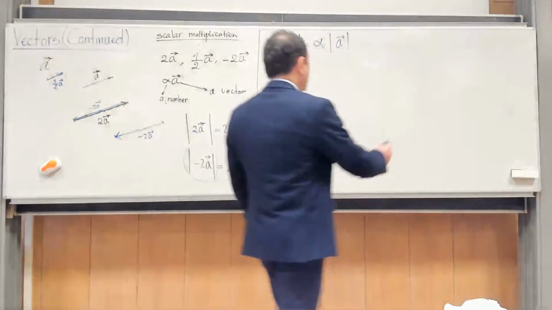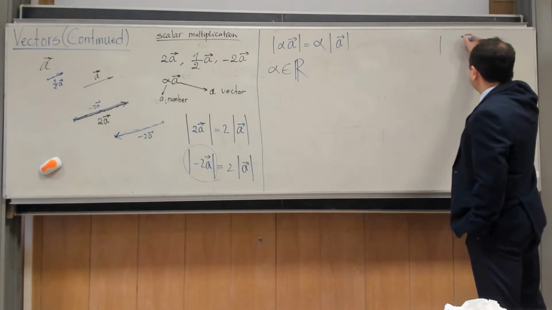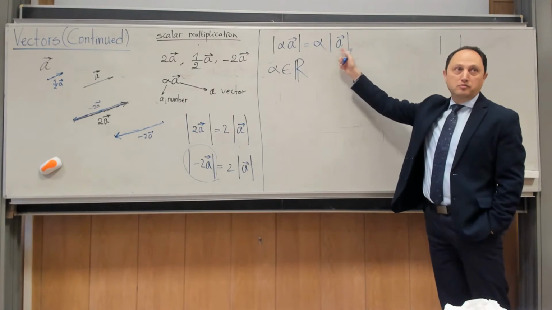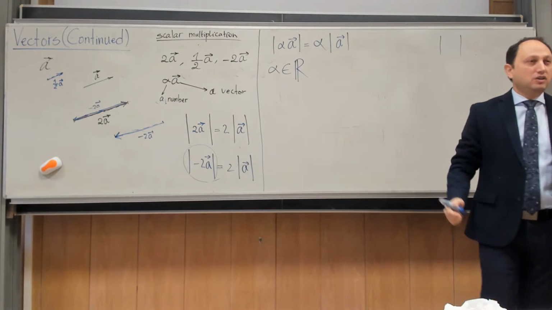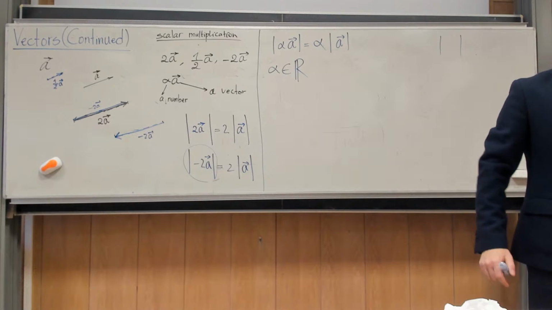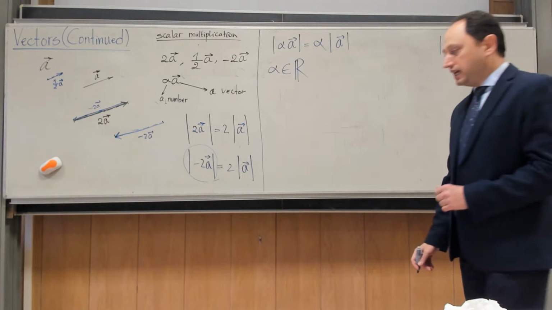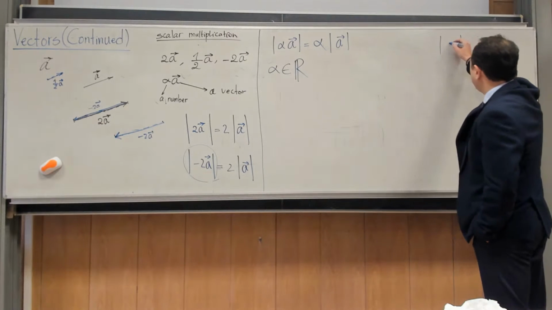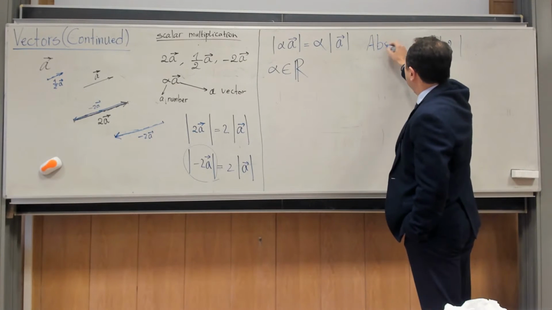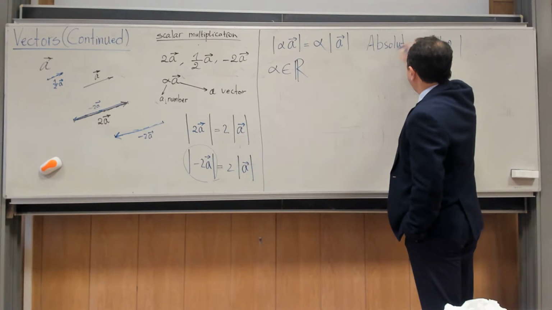It is unfortunate that we have the same symbol for magnitude and absolute value, because absolute value is somehow the magnitude. Let me write the word: absolute value.